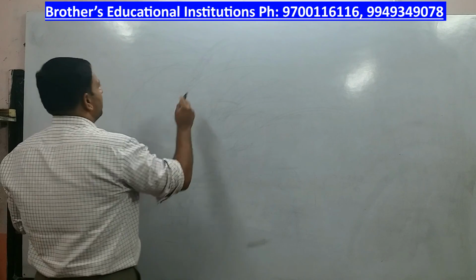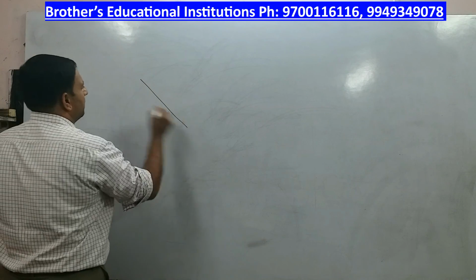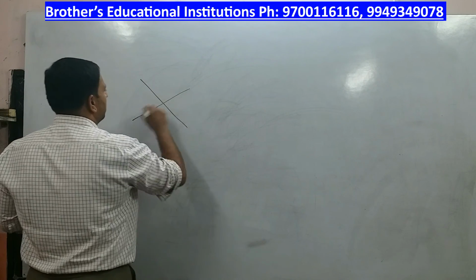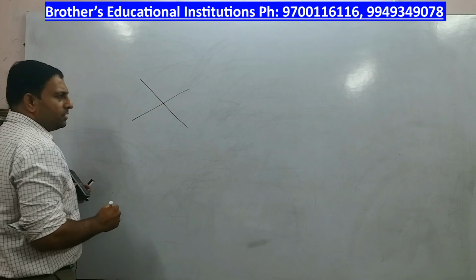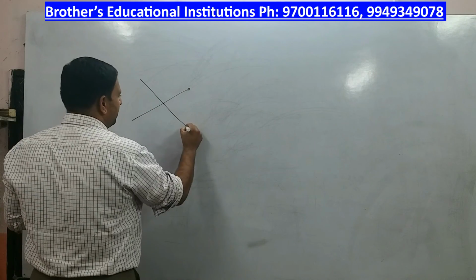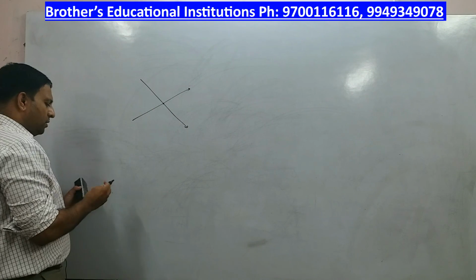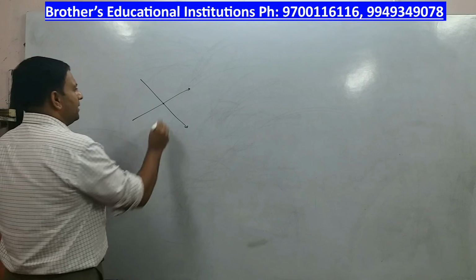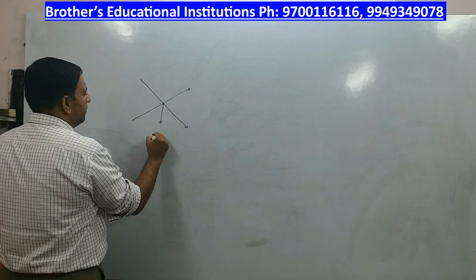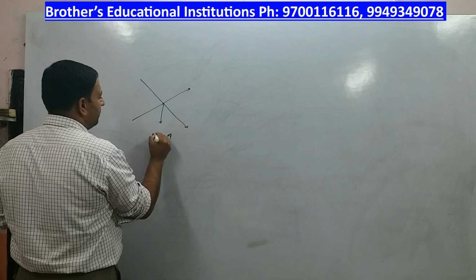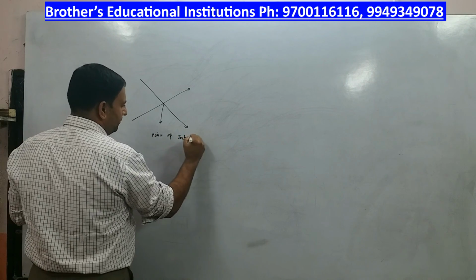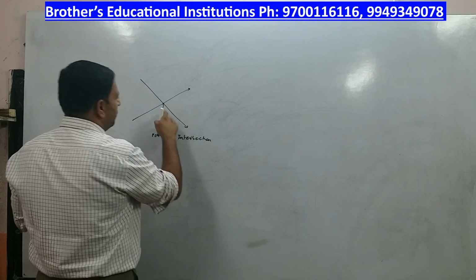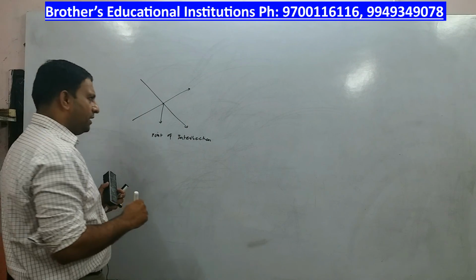See, whenever only two lines pass through one point, that point is called point of intersection.